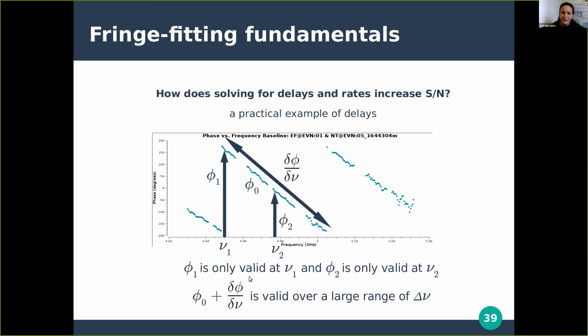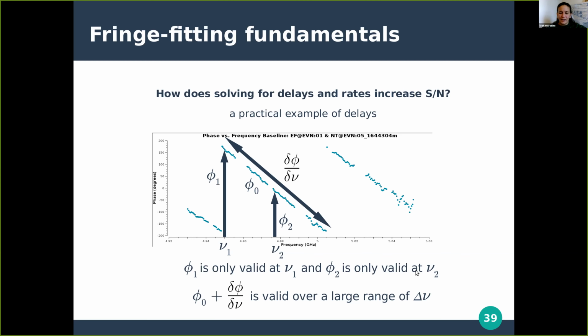By solving for these two terms, phi naught and the slope, it's valid over a very large range of frequencies. All of a sudden, we only need these two values and we can correct the entire system, which means we can use the entire frequency range to solve for phi naught and the slope of the phases, and it describes everything, and then we can correct all of the phases to 0.